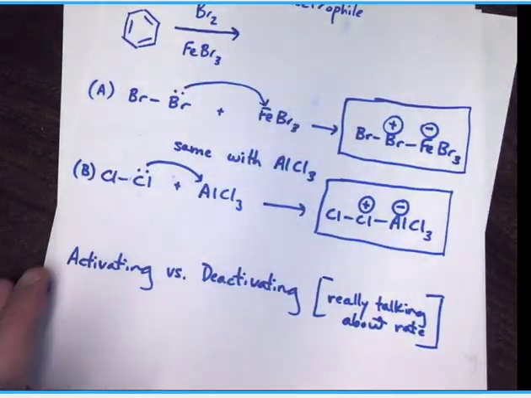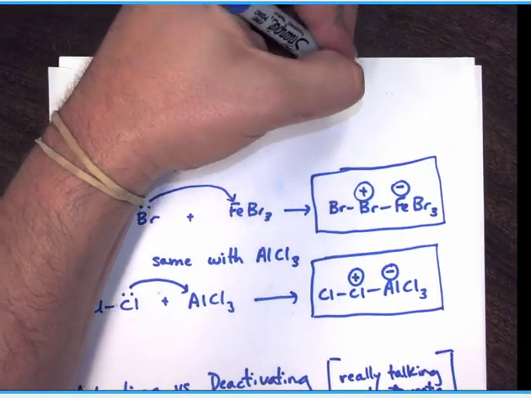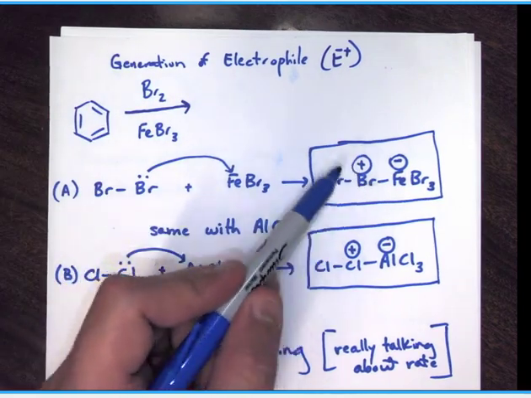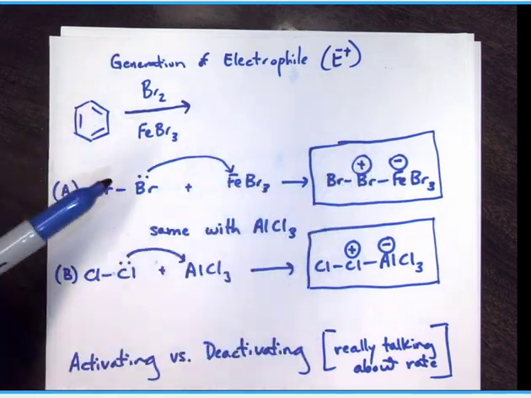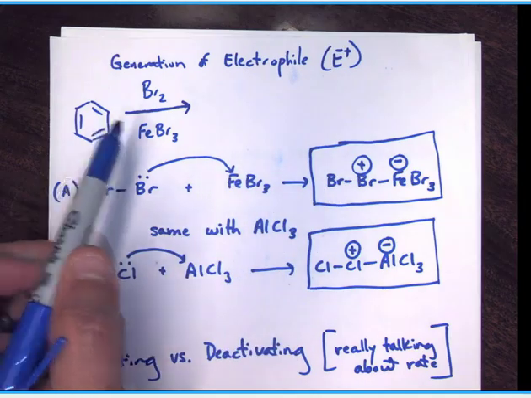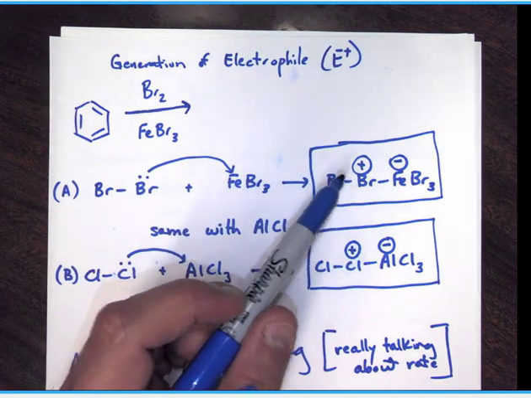We know electrophiles, right? We typically just symbolize them as E plus. Our electrophile is based off the fact that we have a positive bromine. Now, in the reaction, our benzene ring isn't actually going to attack that bromine, it's going to attack this one, and we'll see that in a second in the mechanism.